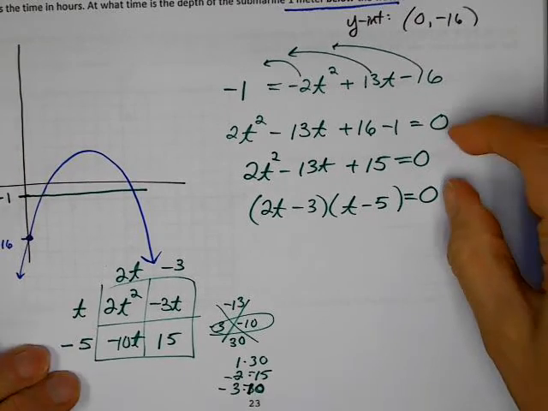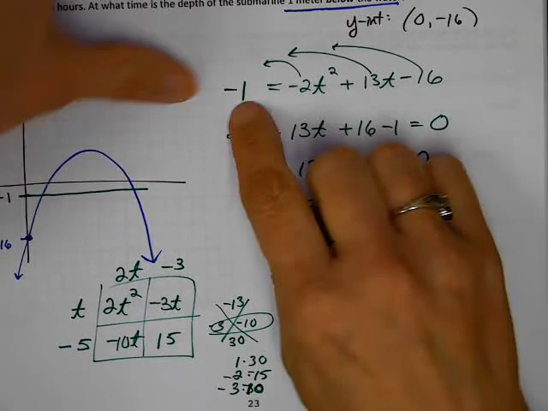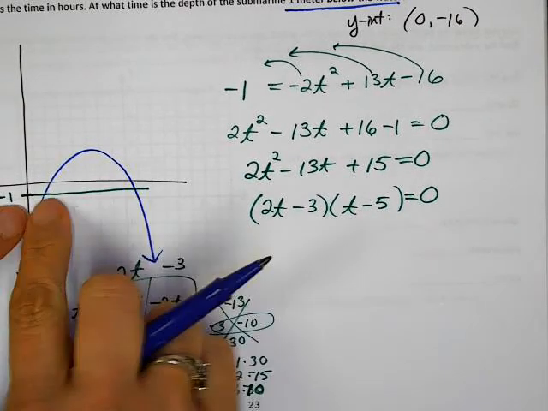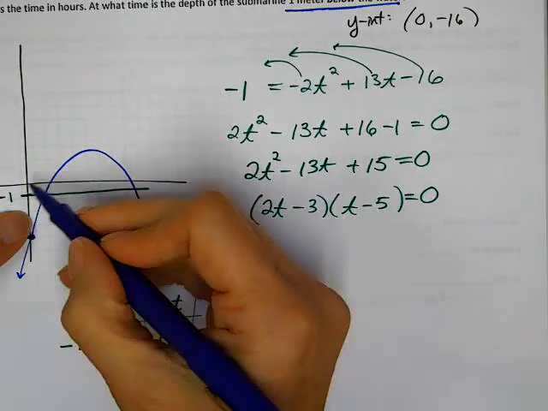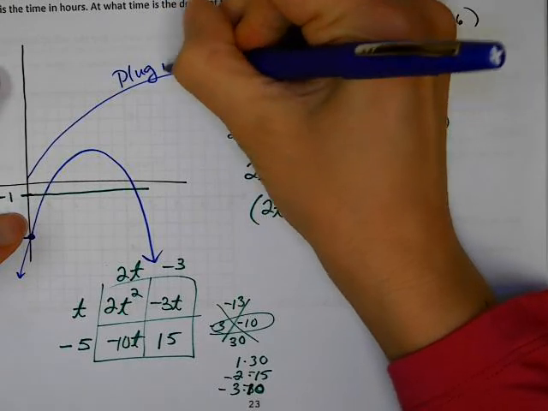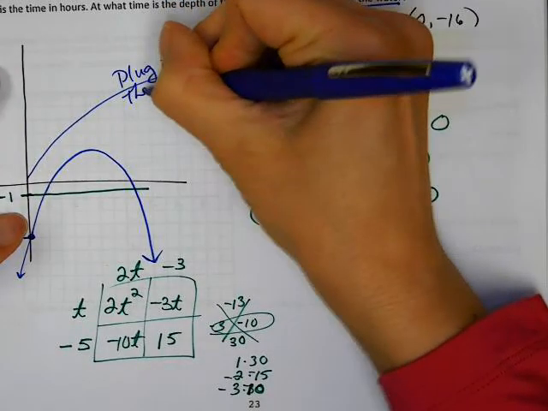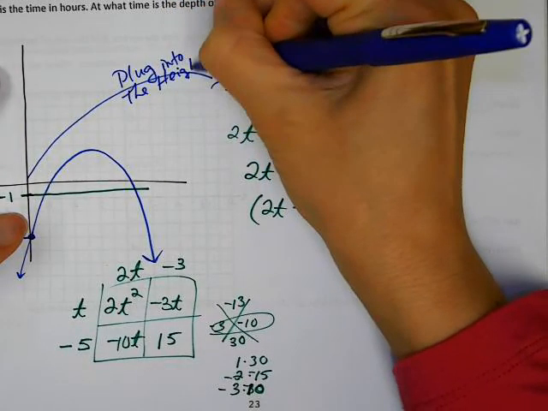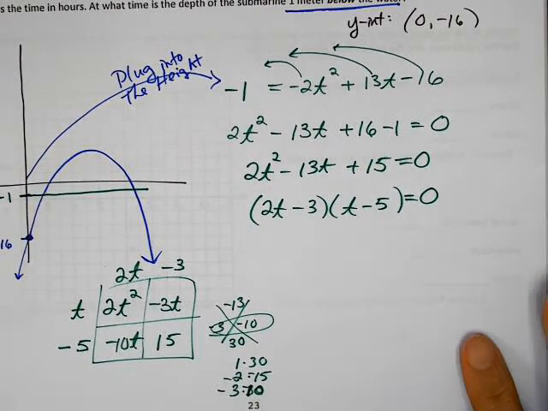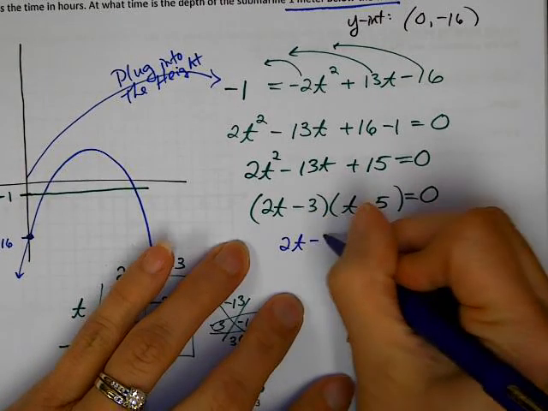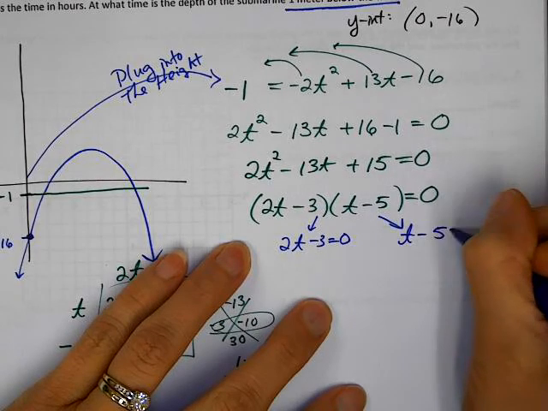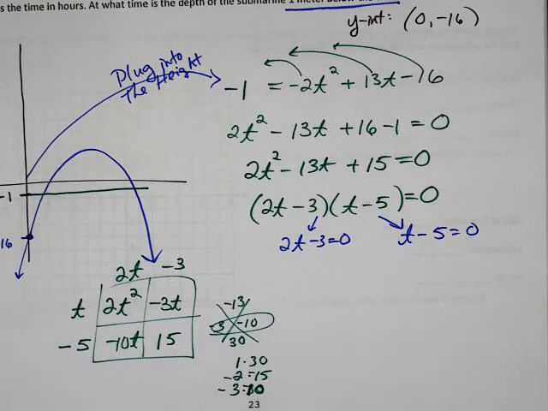Okay, now I know it says equal to 0 here, but we started with negative 1 and then rearranged to make our 0. We're still trying to figure out negative 1. Negative 1 right here is what we plugged in for the y value. We plugged it into the height, or the depth, the D part. 2t minus 3 equals 0, or t minus 5 equals 0.